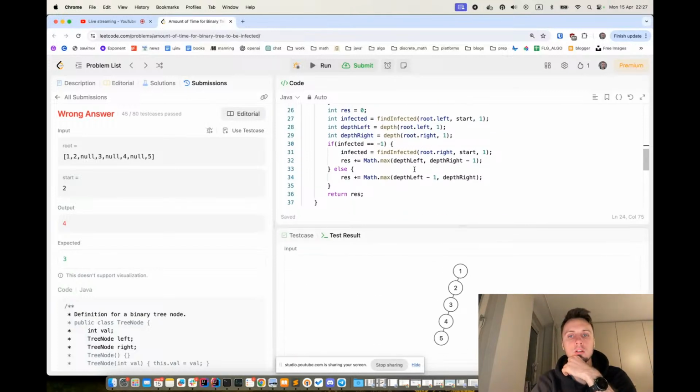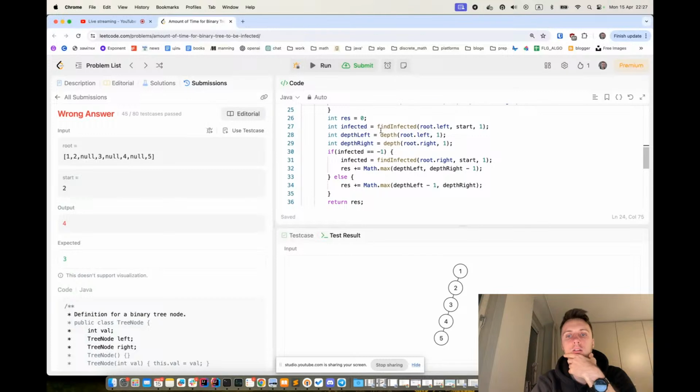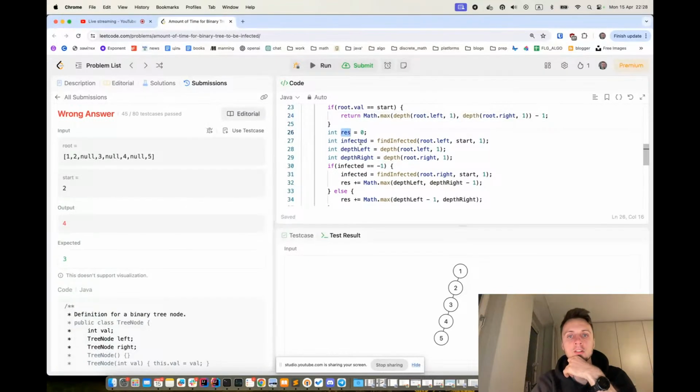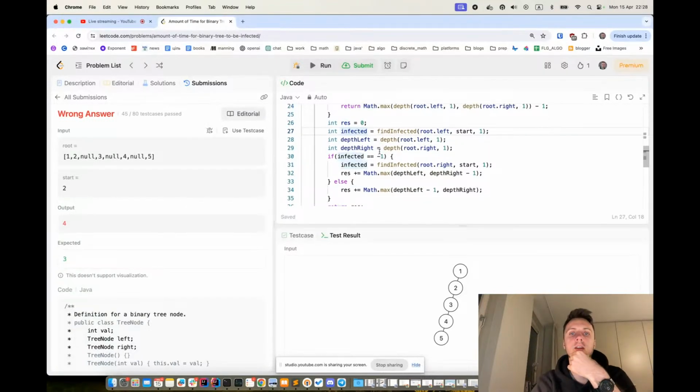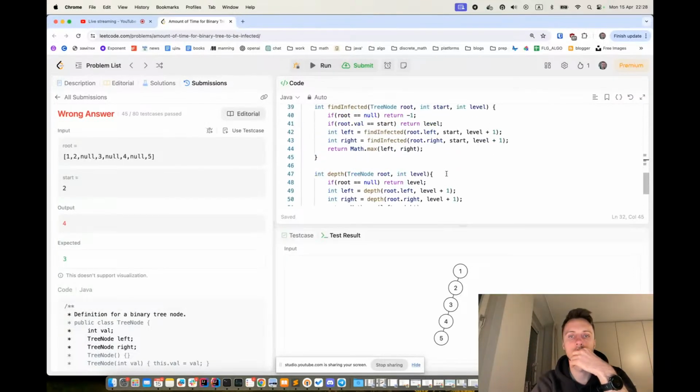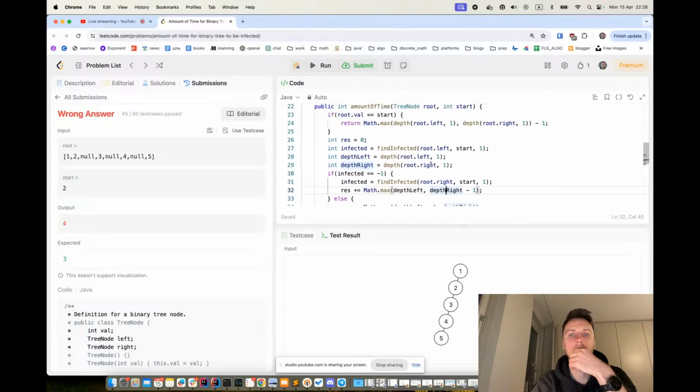So how does it work? We have our result. We find our infected first on the left. Okay, so we found our infected, and we have depth left and depth right.